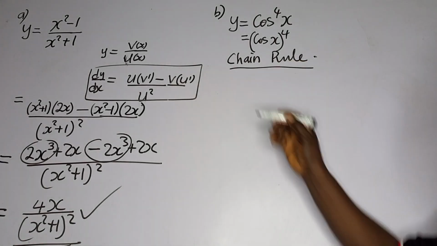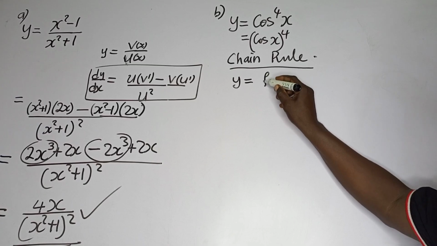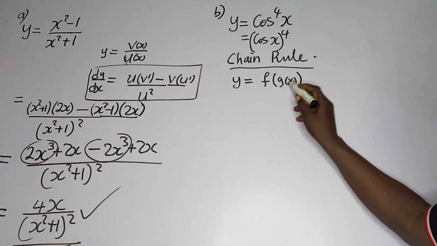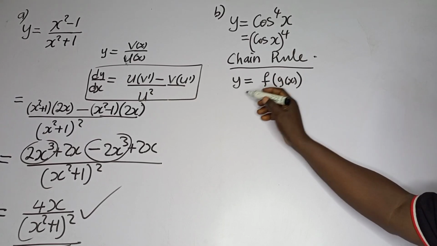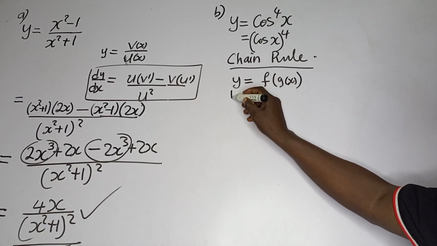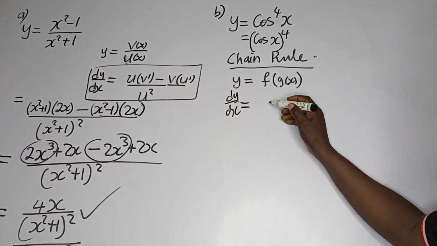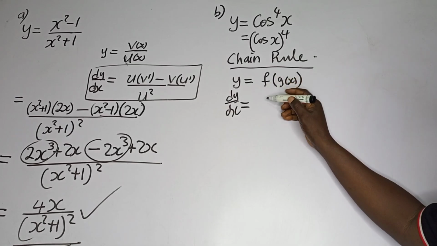Now the chain rule says if we have a function y is equal to f of g of x, g of x is the inner function, f is the outer function. To get the first derivative with respect to x, you have two possibilities.